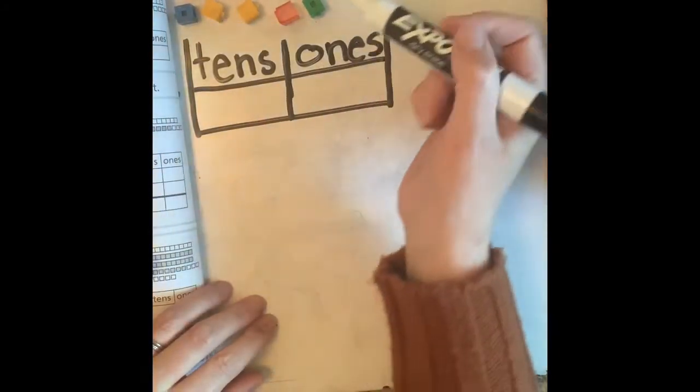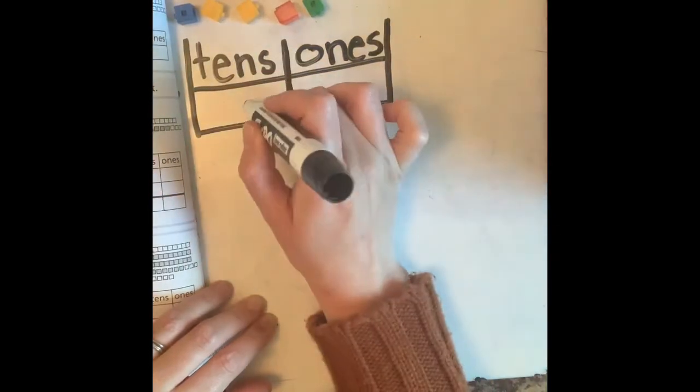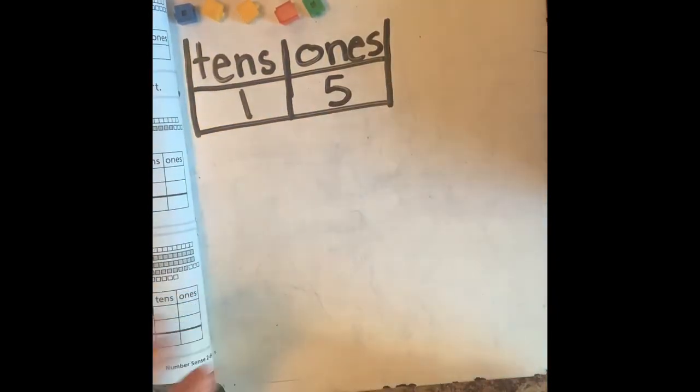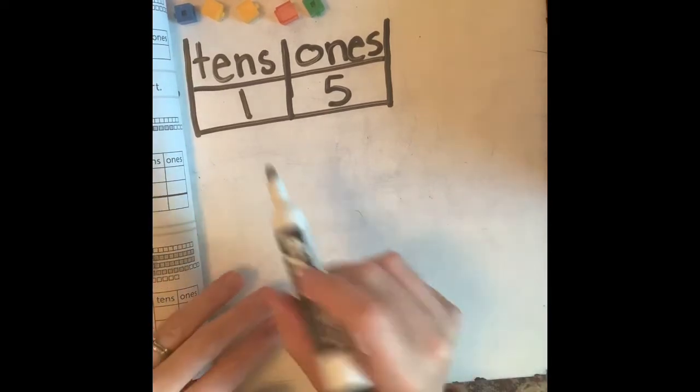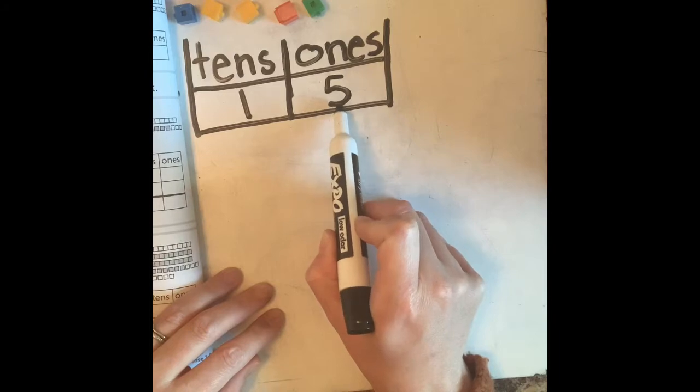So on page 62, this is just the first example it's showing you. So we have 1 ten and 5 ones. So I'll just put it here in our chart. So now what we want to do is trade in this 10 to give us more ones.